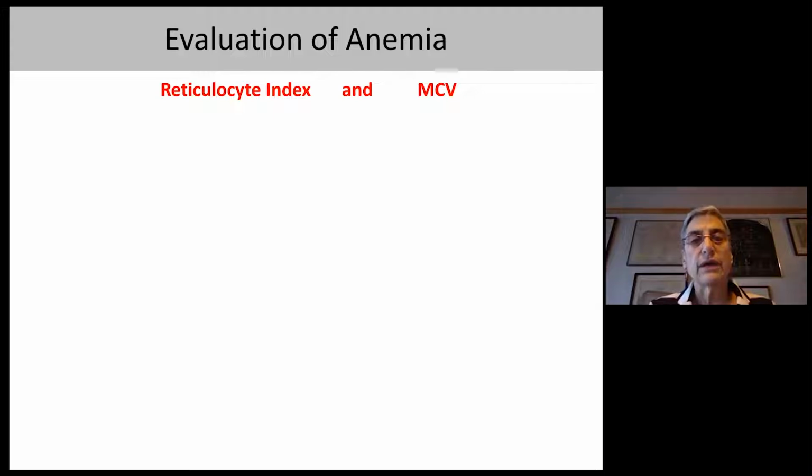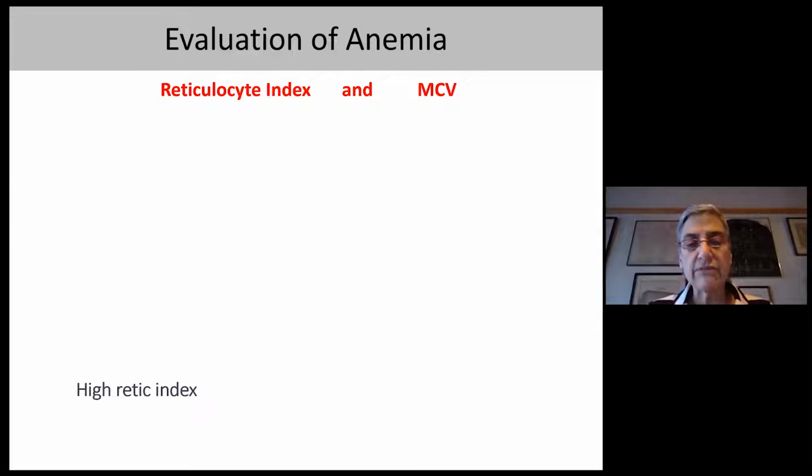So the evaluation of a patient with anemia is really based on the reticulocyte count, and most people usually say the first thing they look at is the MCV, but it's important to recognize that the mean corpuscular volume is only informative in patients who have hypoproliferative anemia.